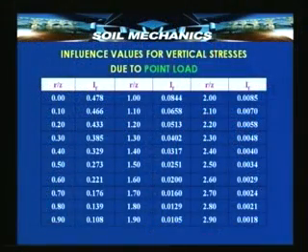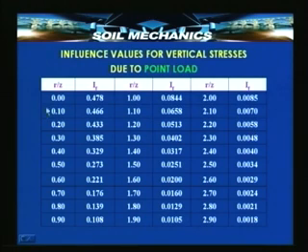Next, this is the influence coefficients table. This is the basis of the calculation of stresses beneath a point load, and therefore, we must understand this table very well and its use. If you look at this table, we have a parameter R upon Z in the first column and the corresponding influence coefficient in the second column, and this is repeated for different R by Z values in the subsequent columns.